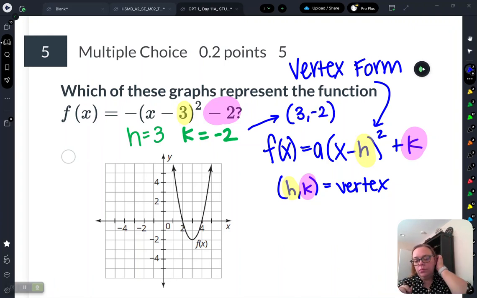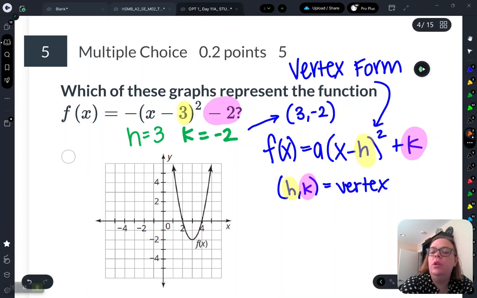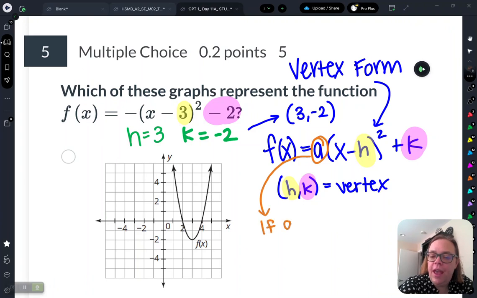The other thing that this form tells us is the a value will tell you if it opens up or down. So the a value is the number in front. If a is greater than 0, it's going to open up. And if a is less than 0, it will open down.